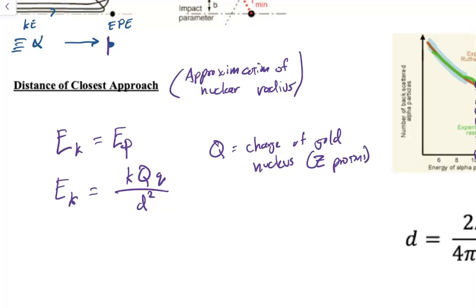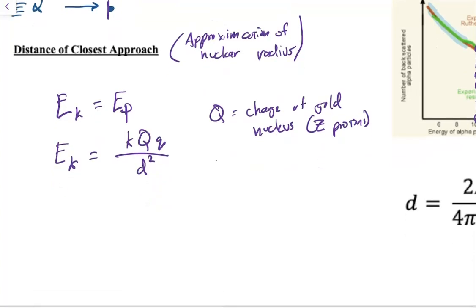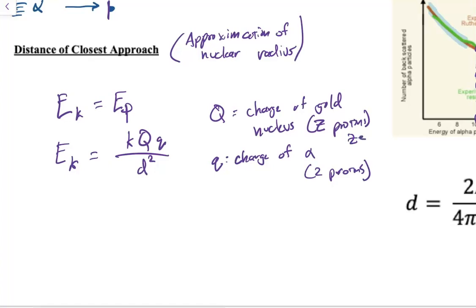That's what we're going to use. And then q is going to be the charge of the alpha particle, which is 2 protons. And so this is 2e, this is Ze, and d is the distance, right? Distance of closest approach.